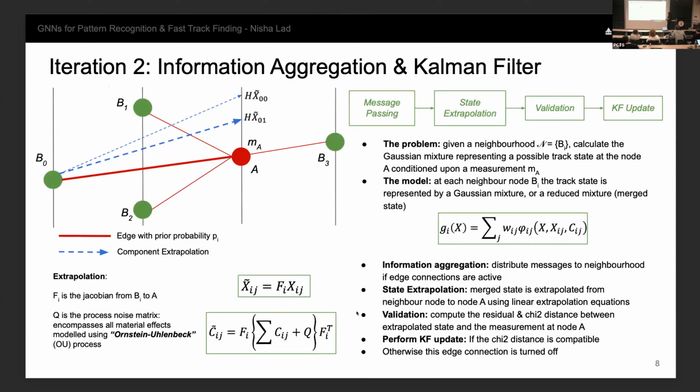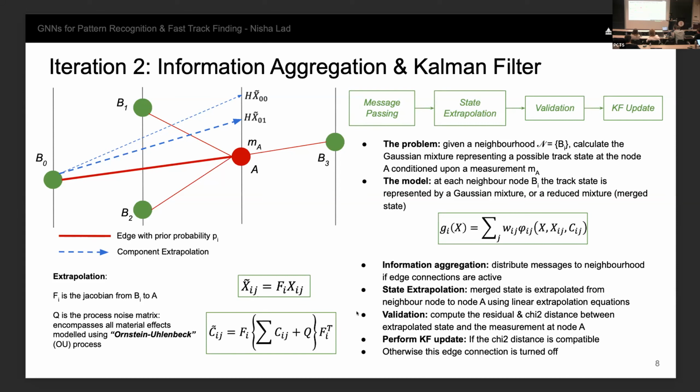The second iteration then is information aggregation and Kalman filter update. So again, given a node A and its neighborhood of connections B, we would extrapolate the state at B towards A using the measurement matrix H. And it's just a normal linear extrapolation. So our model is a very simple linear extrapolation.